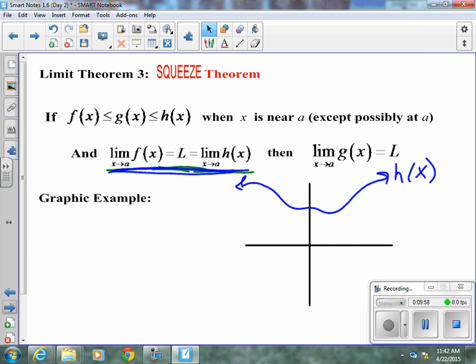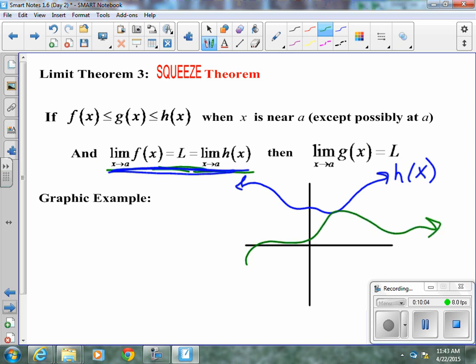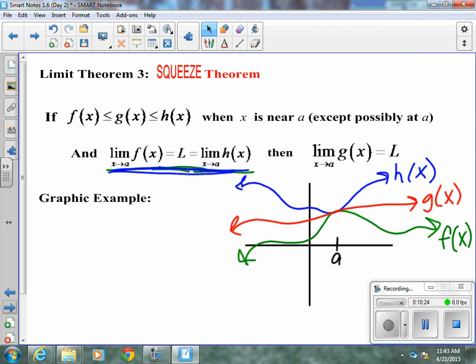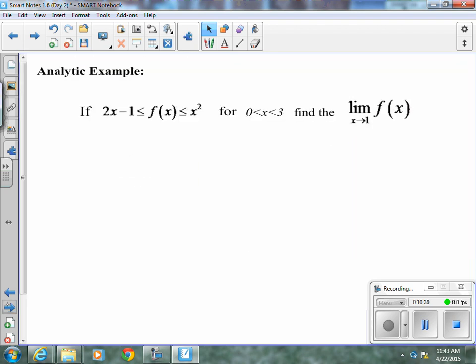So we know that f... Pretty much what we are saying is if you know one function is above another, and the highest and the lowest are the same at a point, then you know g is the same at that point also. So, let's look at an example of that.